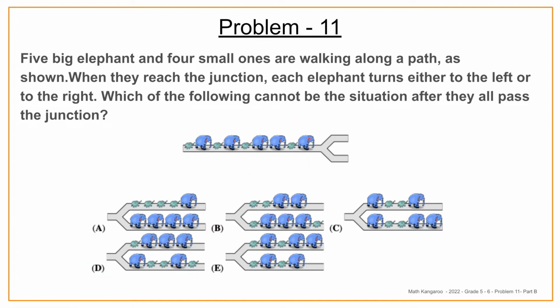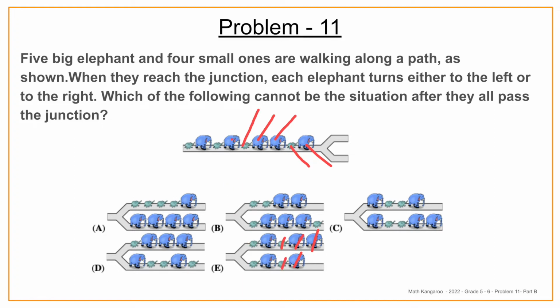Option E. We have a big elephant. Let's take it towards right, and then a small elephant. Then we take 2 big elephants towards left and a small one towards left. And then we are done with 2 big elephants and a small one, and 1 big and small elephant.